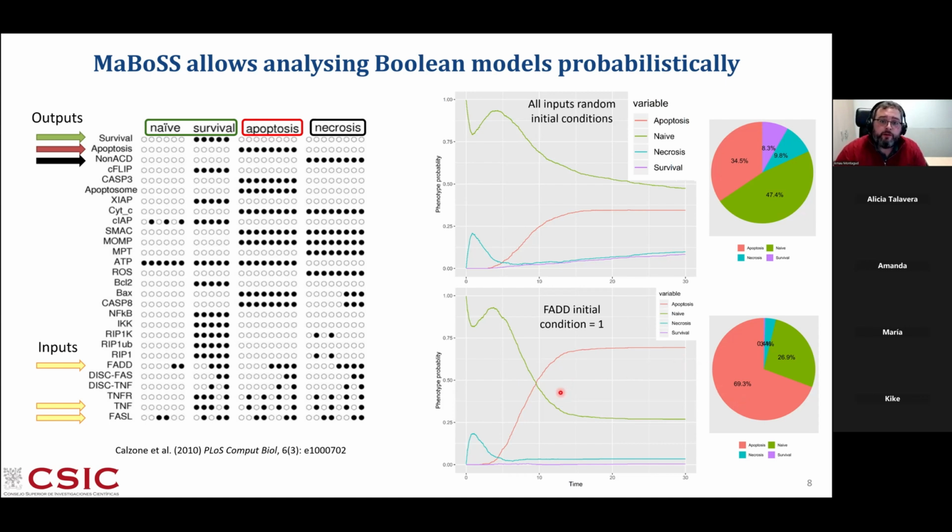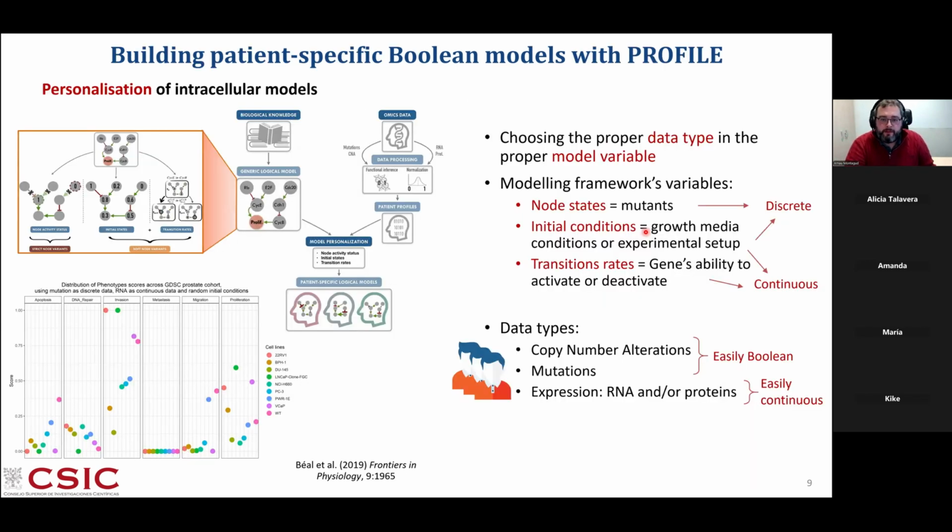So in this case, we're changing the probability of reaching apoptosis to almost twice as high as previously. And this you can do with the initial conditions, and also with internal nodes. You can perturb a node and say this node will always have zero value no matter what its activators are, and then you can study these perturbations semi-quantitatively, at least relating it to some wild type or to some basal state.